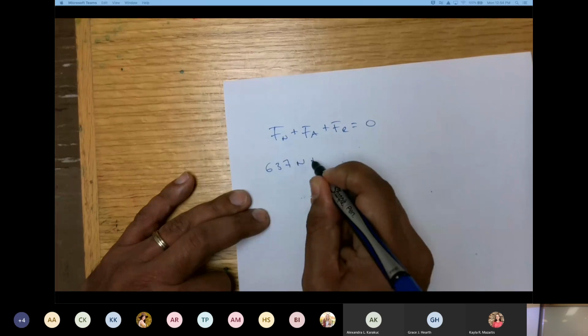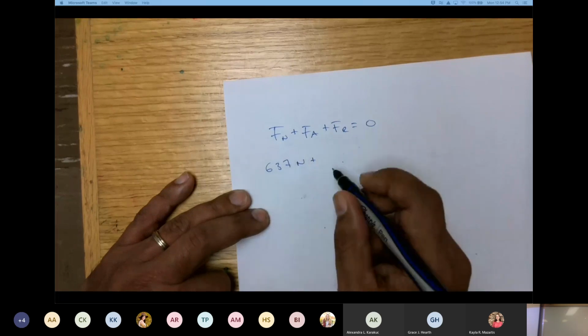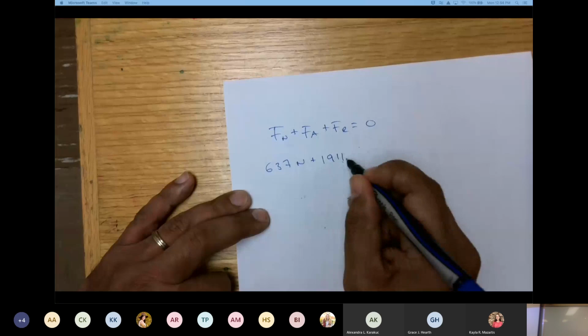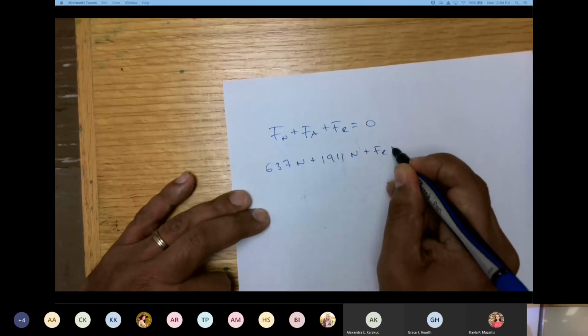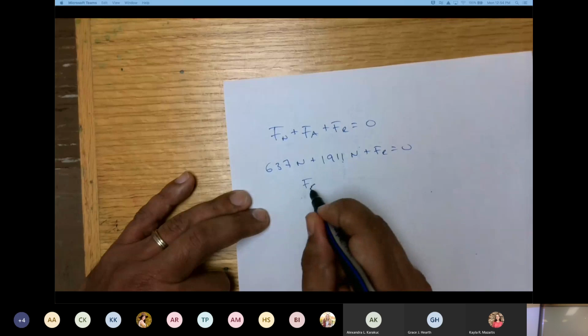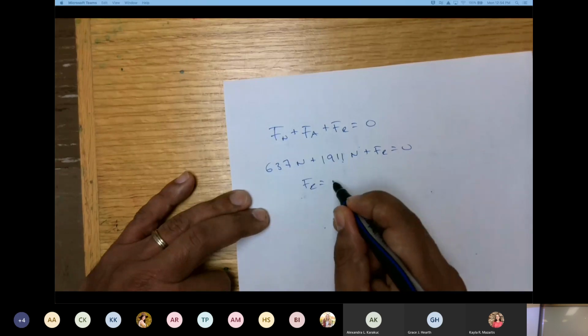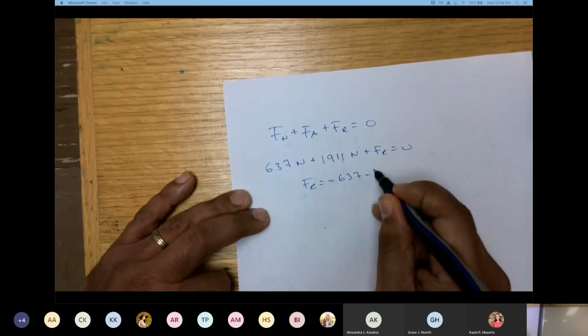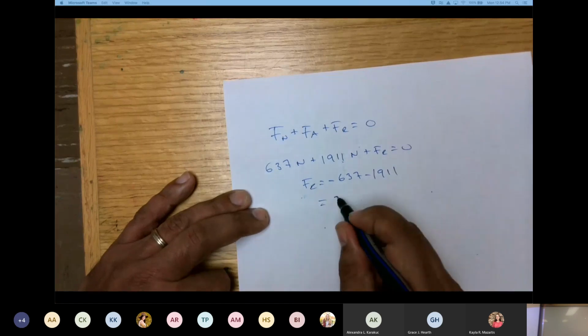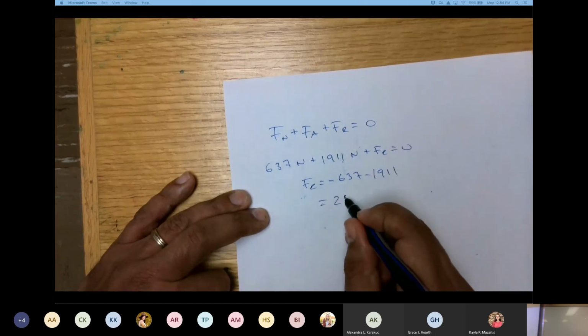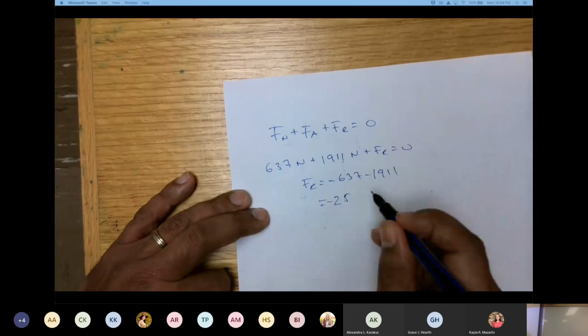The Achilles tendon force is 1,911 newtons, plus the reaction force equals 0. The reaction force is going to be negative, negative 2,548 newtons. That's going to be the reaction force on the ankle.